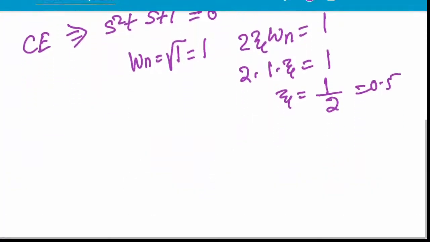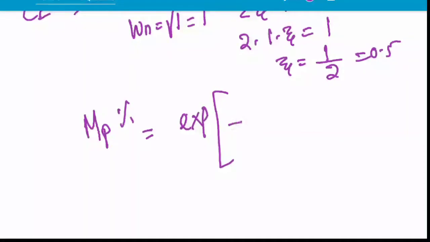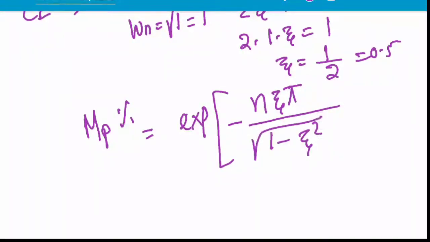So what is the peak overshoot? Peak overshoot or undershoot in terms of percentage, the formula is M_p percentage equal to e to the power minus n zeta pi by square root of 1 minus zeta square, into 100.